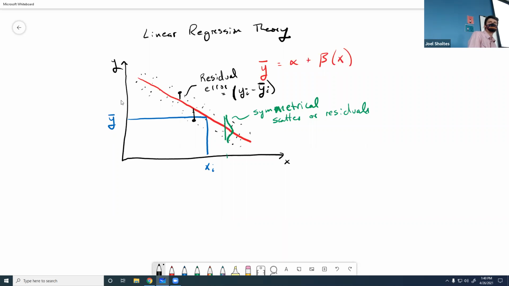So residuals are really just the error or the difference, and we can do some summarization, like a variance, right? How far are our observations taken as a whole from this regression line? And we can think about this probabilistically.